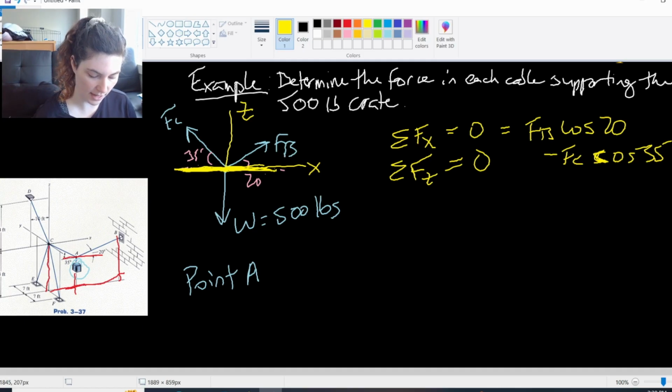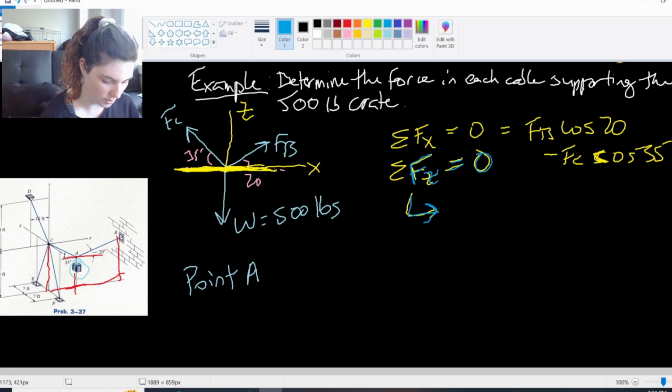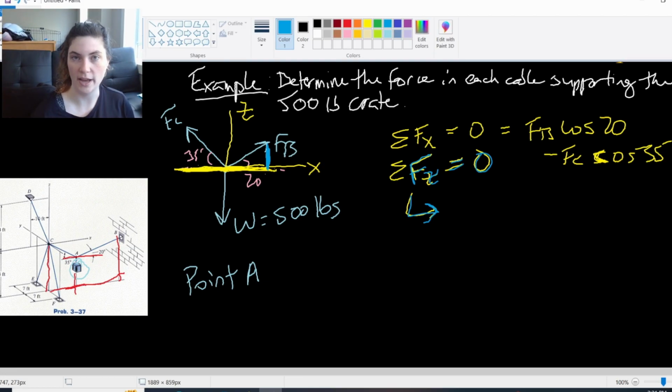I can also set my Fz equation up. Let me do this in a different color just to make it a little clearer. Fz is going to be the Z component of FB, which is FB sine 20. Normally we might have called this Fy if we were working in the XY coordinate system, but this one's XZ.